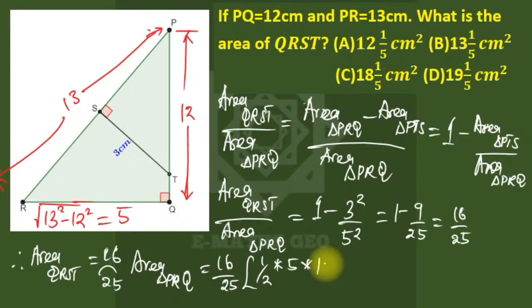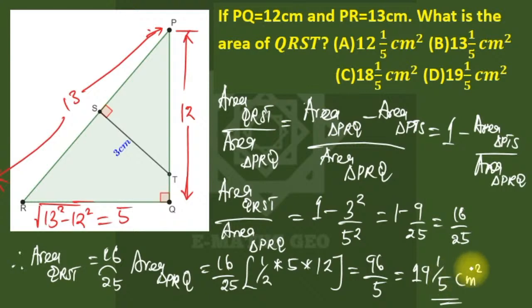So this is 6 times 16, which is 96 over 5, which is 19 remainder 1 over 5 cm squared. So that's the answer.